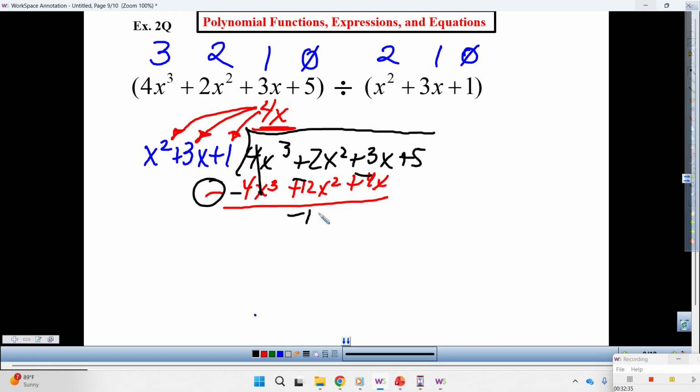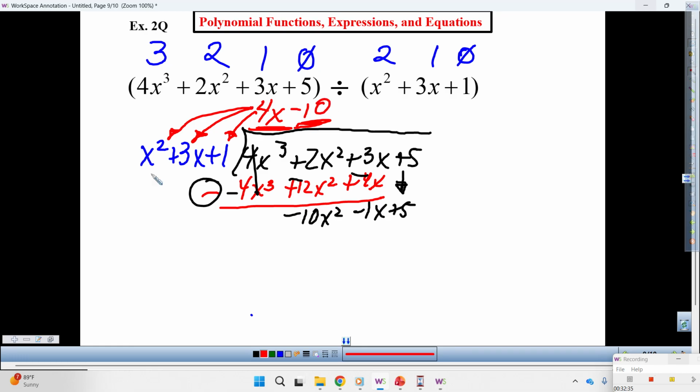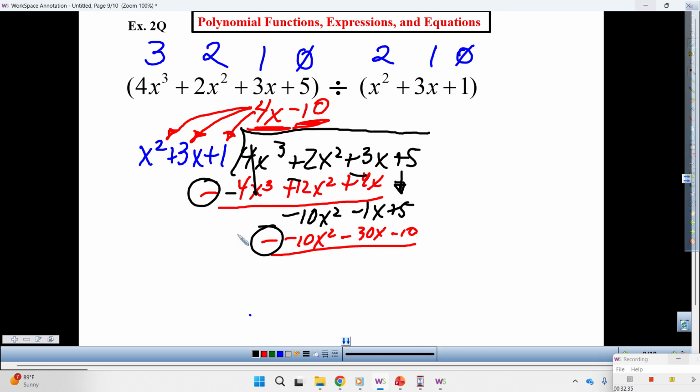This cancels. We're left with negative 10x squared, negative 1x, bring down the 5. And our last term, what number times x squared gives us negative 10x squared? Negative 10. So that is negative 10x squared, negative 30x, and negative 10. Subtract, and you know what to do from there.